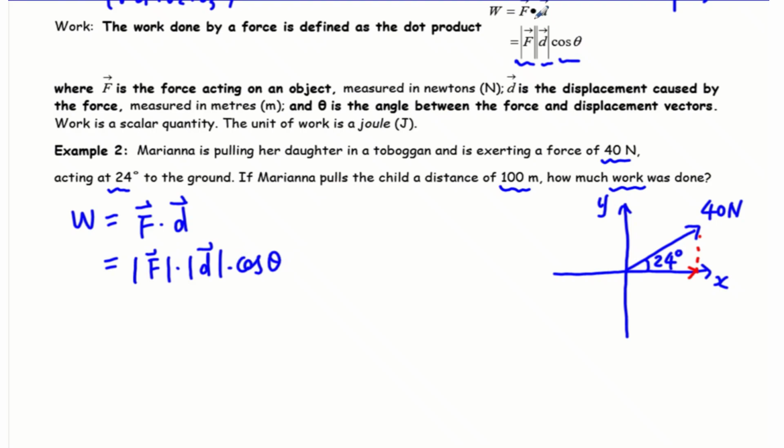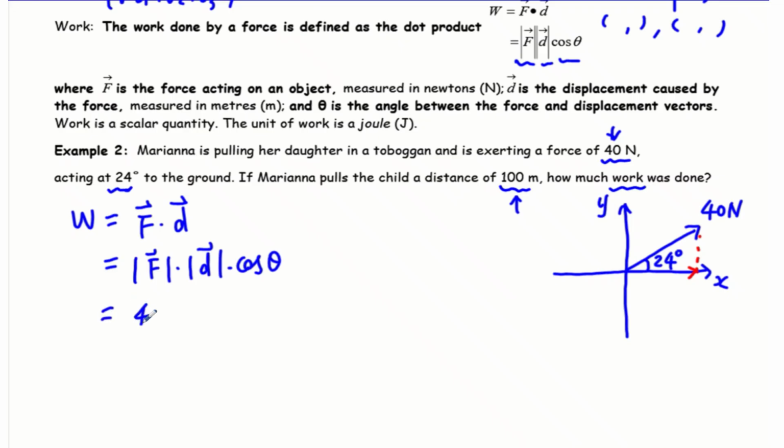So you may wonder when we are going to pick this one, and when we are just going to use a dot product. When the vectors are given in component form, like coordinates, then we just use the dot product right away. If the magnitude of each vector and the angle are given, then we use magnitude times magnitude times cosine of the angle.